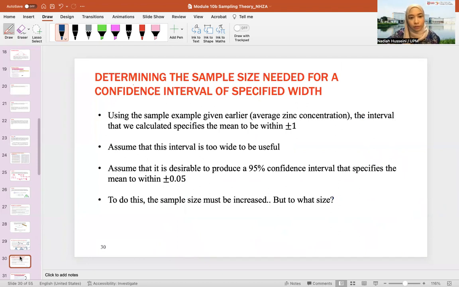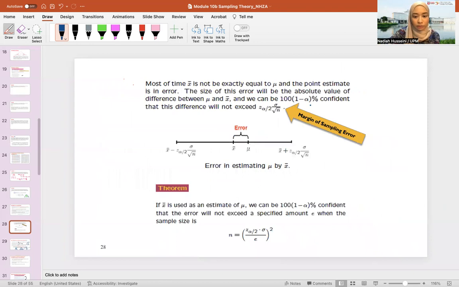So now we're going to continue talking about the sample size that we need for a confidence interval of specified width. Using the example given earlier, the average zinc concentration, I'm going to bring you back to the example that we talked about last week.